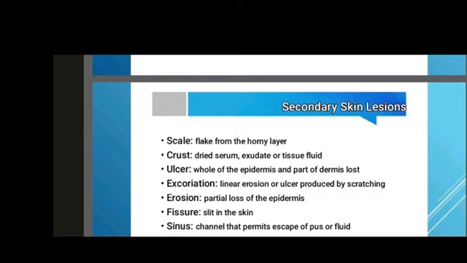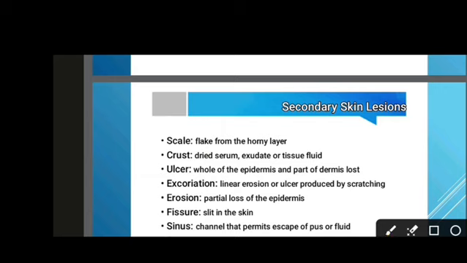Scale is a flake or a projection from the horny layer. Scale is a secondary type of skin lesion. It is a flake from the horny layer, or from the upper skin layer.